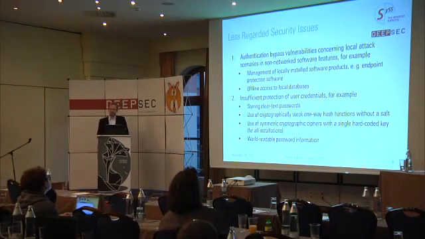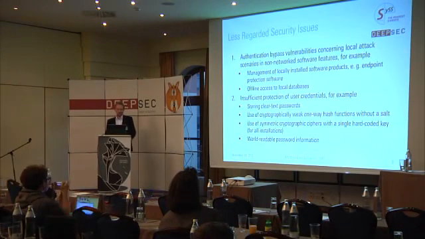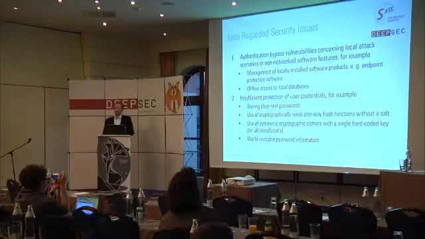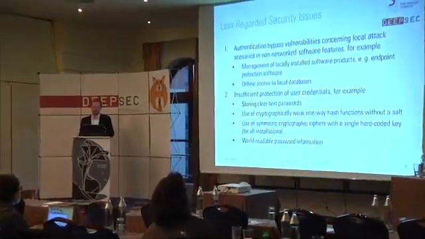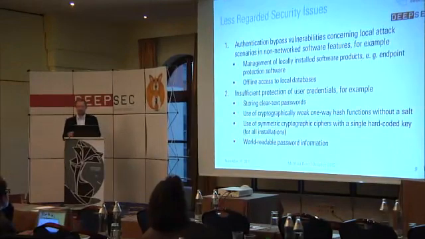The two less regarded security issues I want to talk about are, first, authentication bypass vulnerabilities, and second, the insufficient protection of user credentials. Concerning authentication bypass vulnerabilities, I especially talk about local attack scenarios in non-network software features. For example, the management of locally installed software products, like in this case the endpoint protection software.